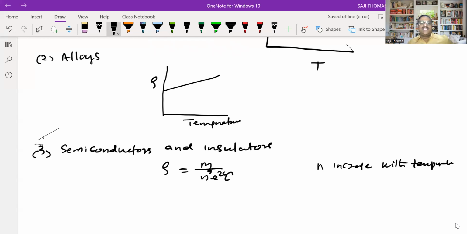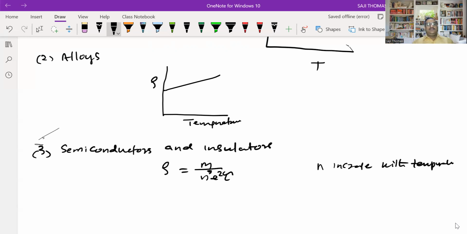So for semiconductors and insulators, n increases with increase of temperature. Relaxation time also decreases. So resistivity should increase, right? But the increase of n is much larger than the decrease of relaxation time. Relaxation time has negligible effect.